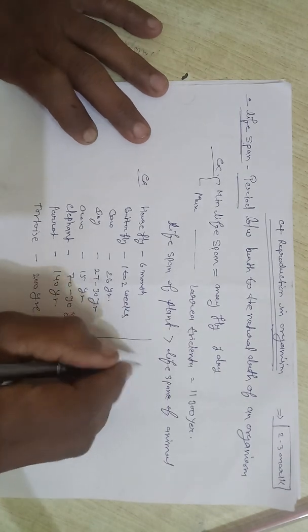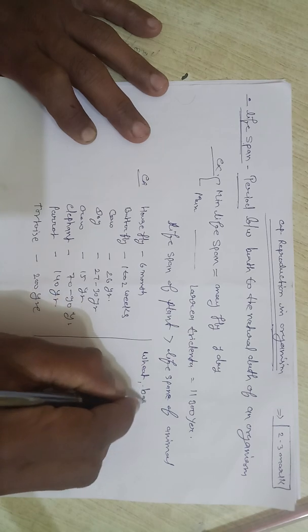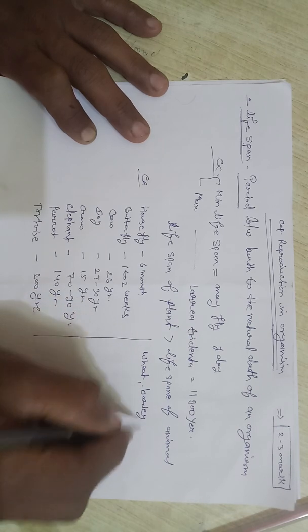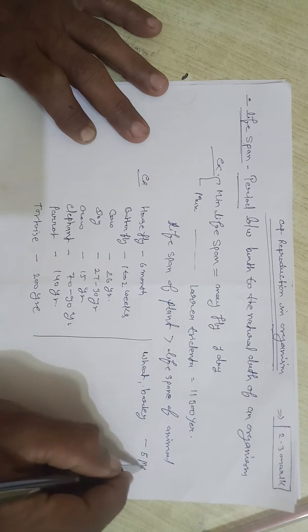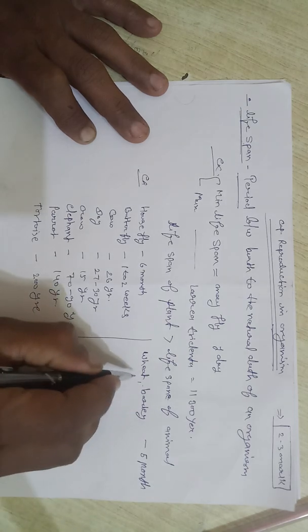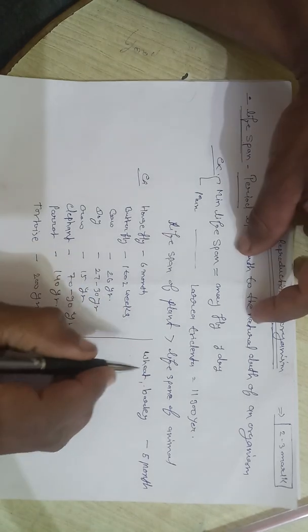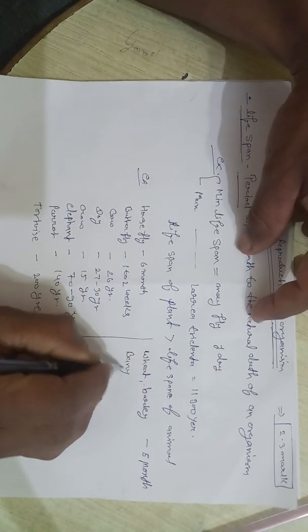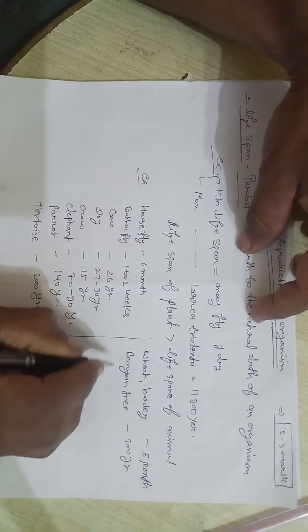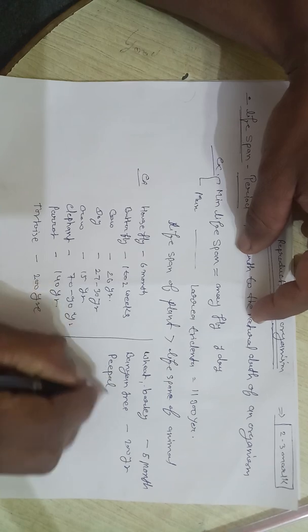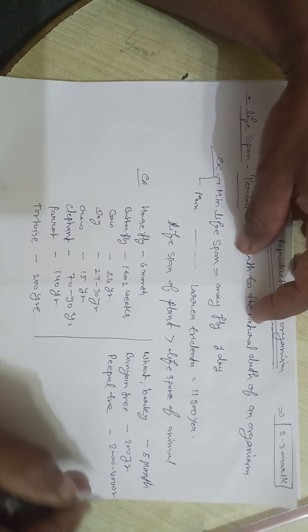Some plants like wheat, barley, cereals, pulses have a maximum lifespan of 5 months. Banyan tree, 200 years. Peepal tree, 2000 to 4000 years.